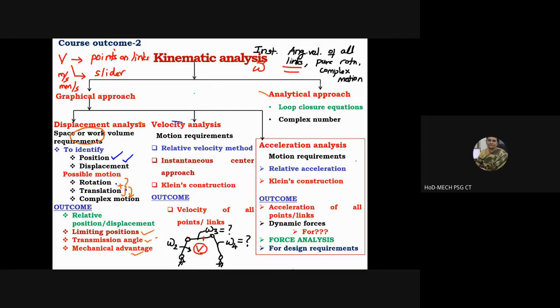So the aim of velocity analysis is to find out the angular velocity of all links which undergo pure rotation or complex motion, and the linear velocity of the slider if it's present in the mechanism. You can also find out the velocities of various points on the links.